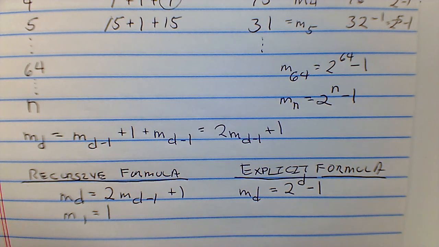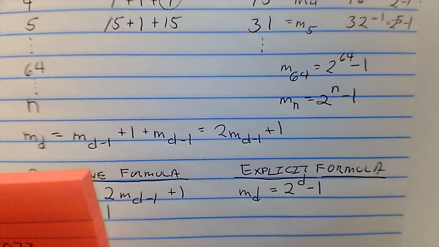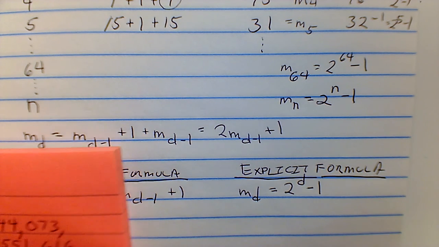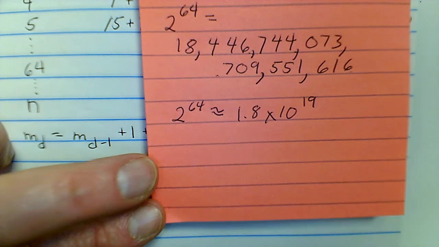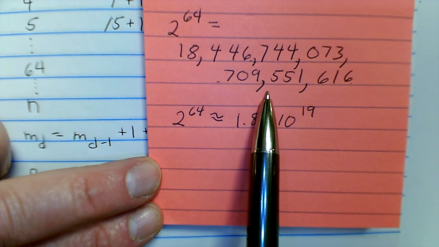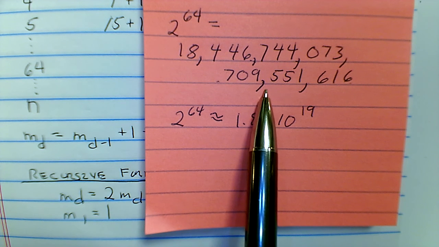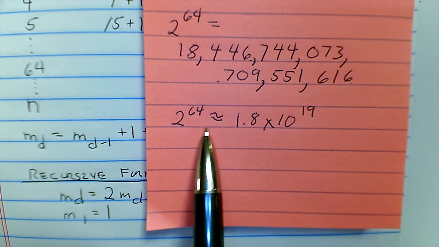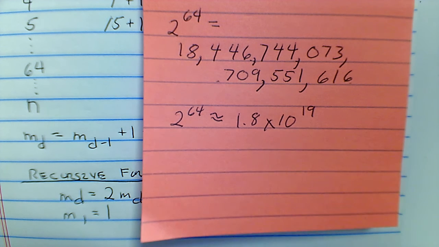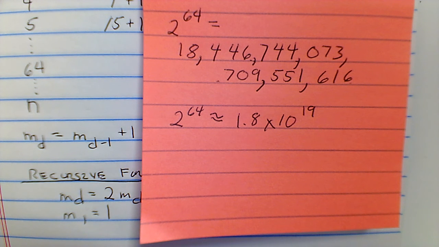But before we do, let's look at this number over here of 2 to the 64th minus 1. 2 to the 64th is a big number. Just did that on my calculator. So 2 to the 64th is approximately 1.8 times 10 to the 19th.